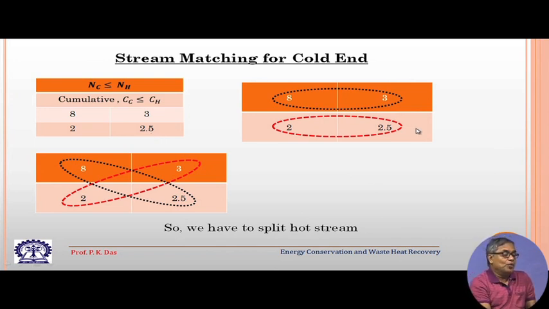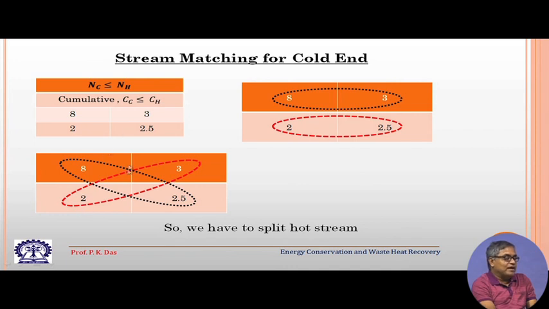So, 2 and 2.5 match, since 2 is less than 2.5, but 8 and 3 do not match. So, this is not possible. Then can we match 8 with 2.5, and 3 with 2?